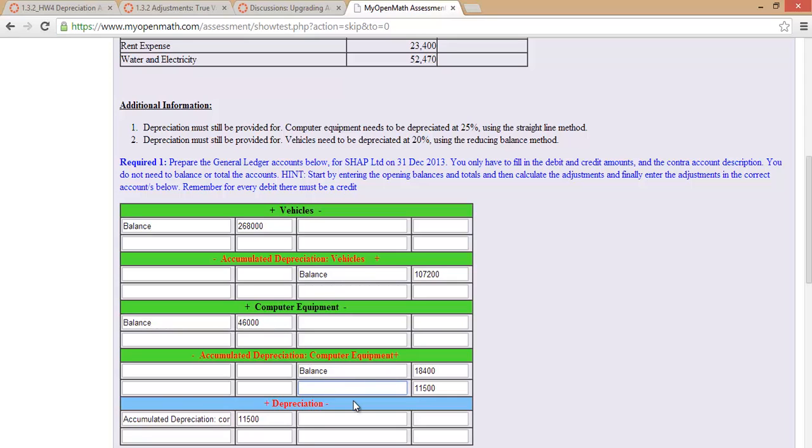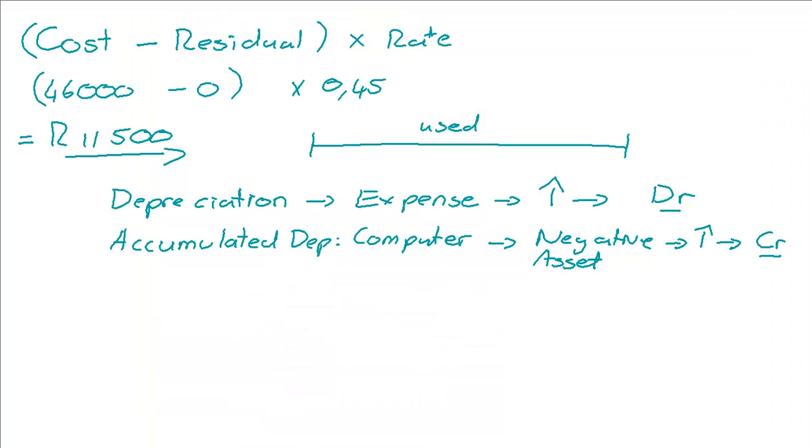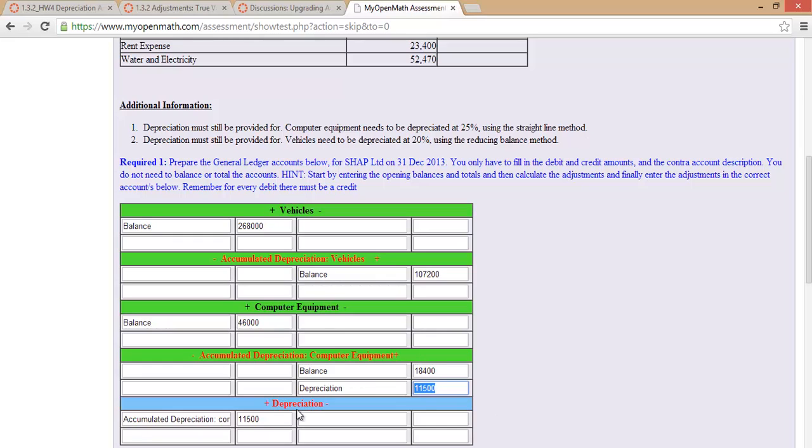Great, and in here I'm going to write depreciation, which tells me I'm crediting the accumulated depreciation account, which is what we said we need to do. We need to credit accumulated depreciation, and I am debiting my depreciation. And here is my debit on depreciation. Right, let's go to the next one.